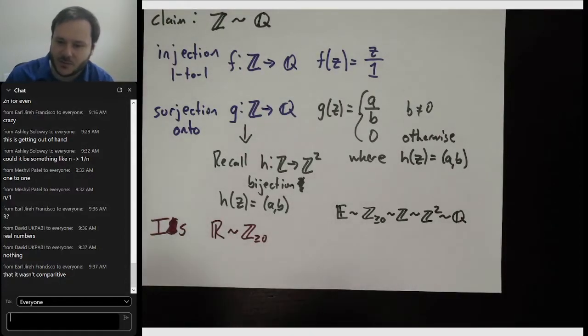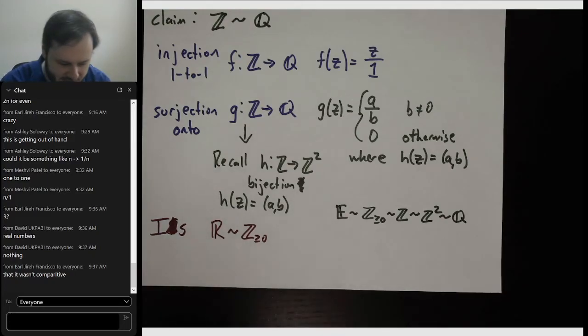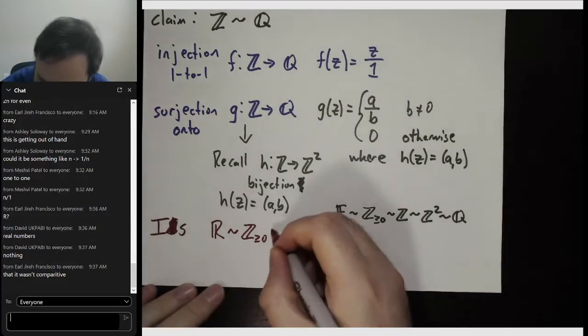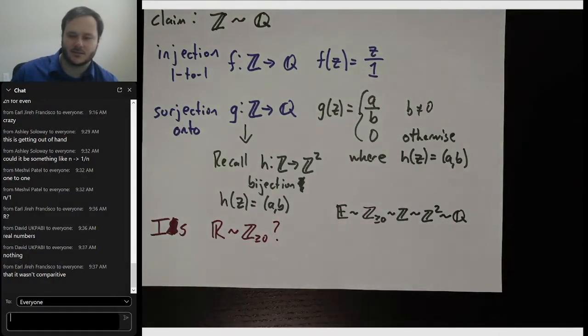Can I add the real numbers to this list? Or are they going to be separate? Which one do you expect? Do you just have no idea at this point? I'm curious.